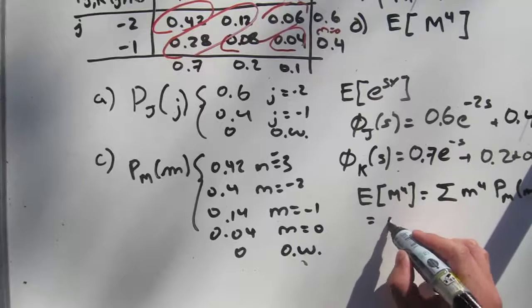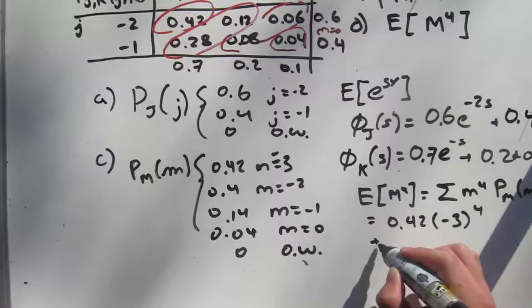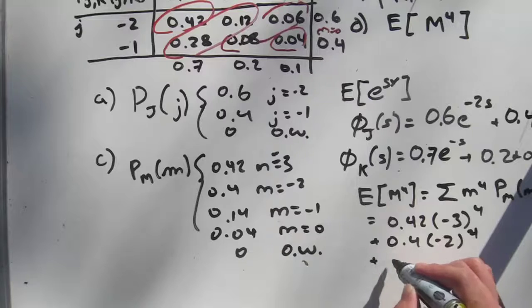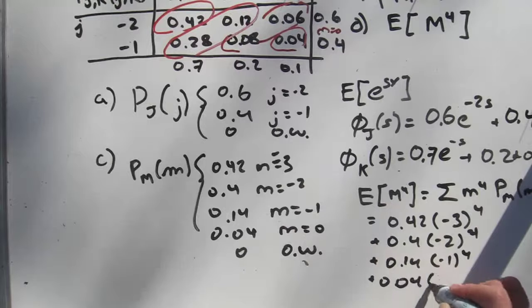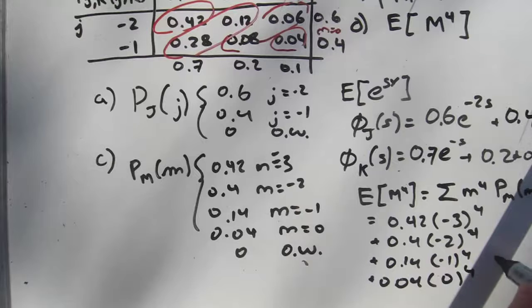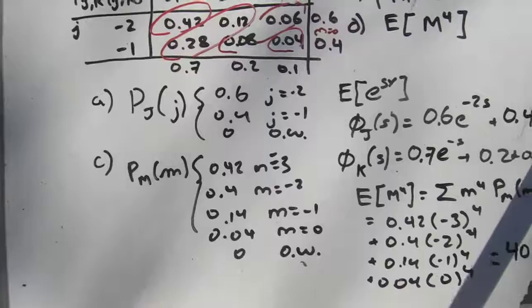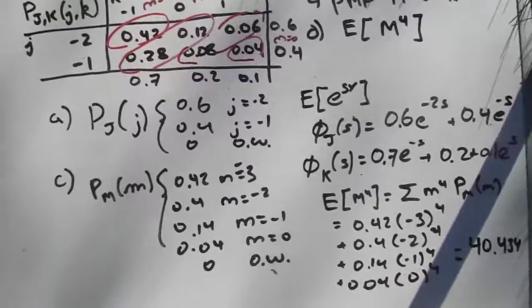So this sum just turns out to be 0.42 times minus 3 to the fourth plus 0.4 times minus 2 to the fourth, and so on and so forth, 0 to the fourth, and the answer is, hold on, I can't read my own handwriting. 40.434. Do we have that in the camera? Okay, 40.434.